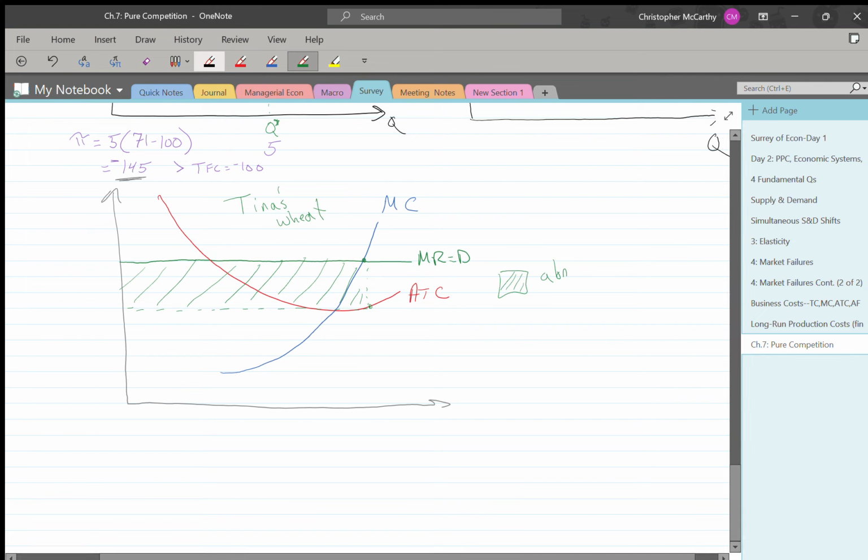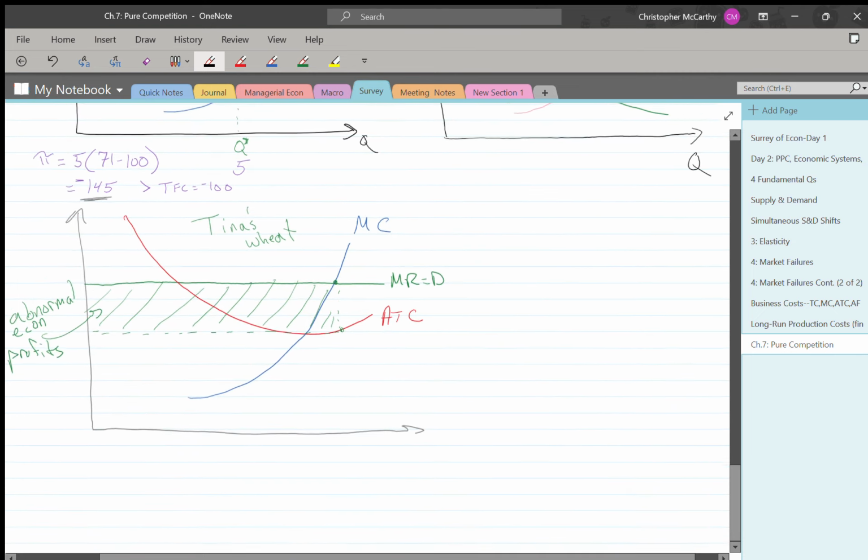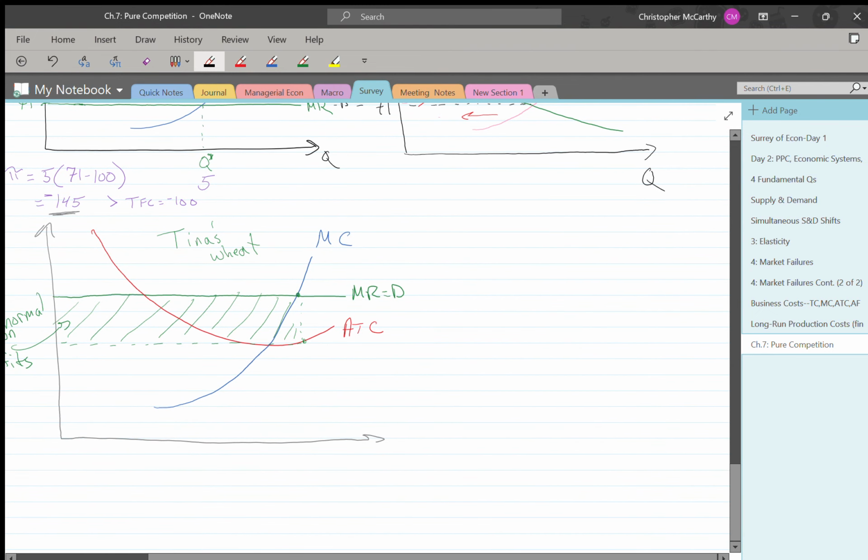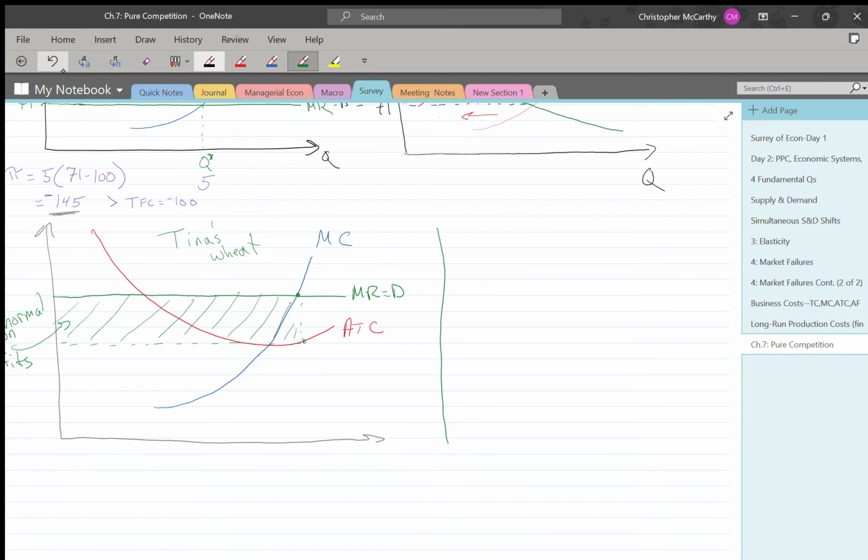Oh, I shouldn't write stuff over here. So this is where some of those assumptions about perfect competition markets come into play. And that's green.